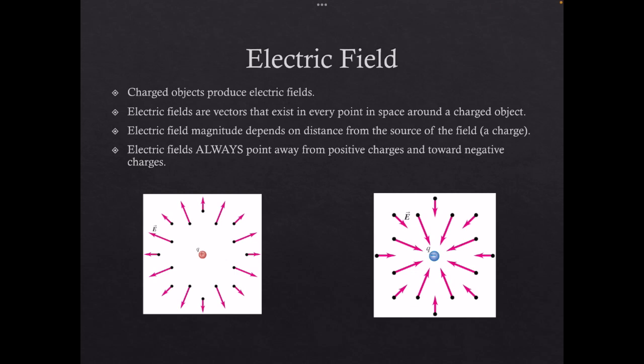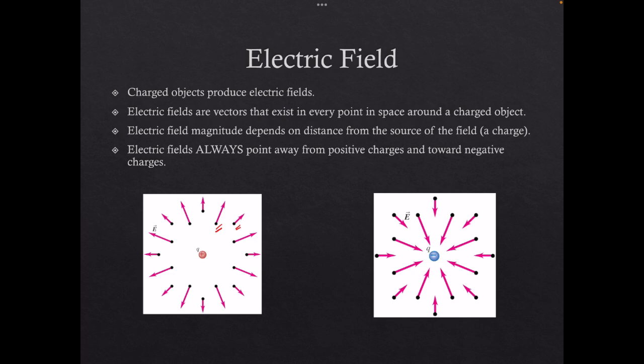The source of the field is a charged particle. So that magnitude is going to change. The magnitude of that electric field vector is going to change depending on how close or far away you are.